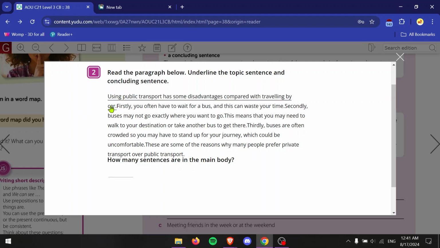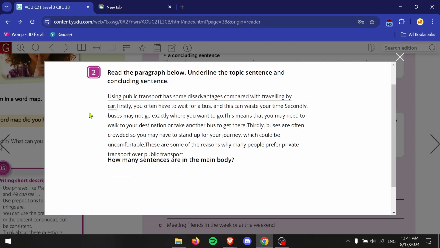This right here will be the topic sentence. Notice how it's just a sentence, but it gives a very brief description of what we're going to be reading. Now that I just read it, I know what I'm going to be reading, and the focus is going to be on disadvantages as well.